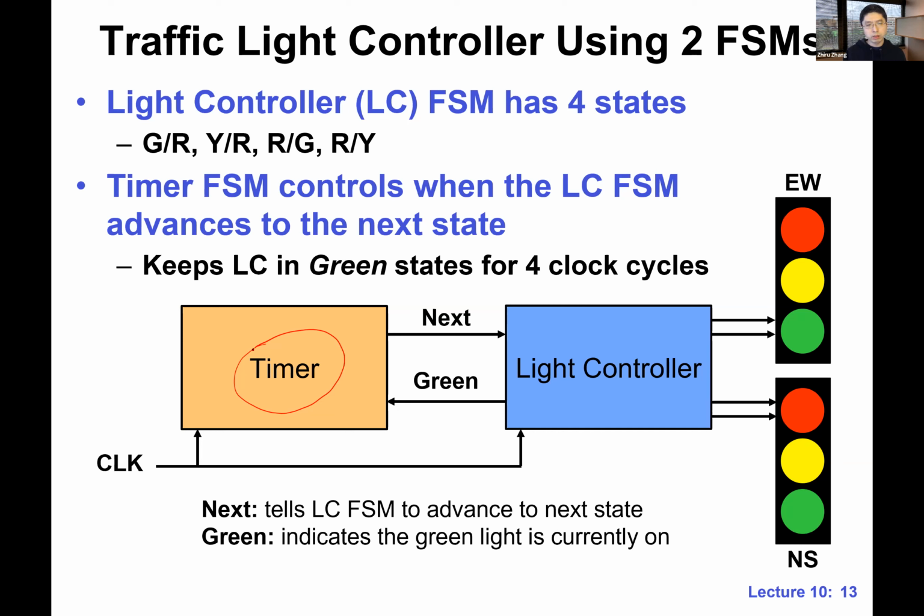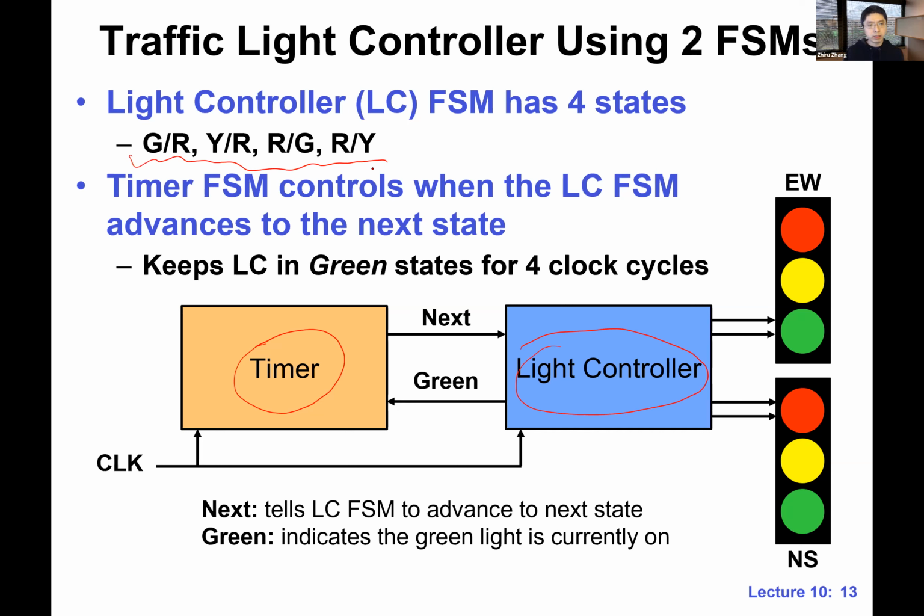So what we are trying to do here is separate out the concerns. We have a dedicated timer to manage the time, and then we have another FSM called the light controller. This FSM just manages the state of the traffic lights. And of course, we only need 4 states: GR, YR, RG, and RY.